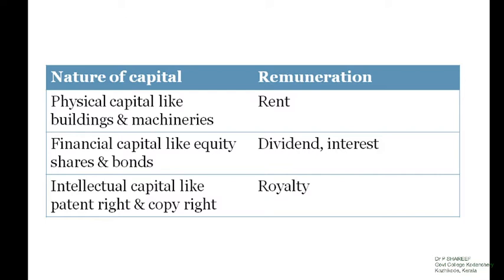The financial capital like equity shares and bonds will get dividends and interest as remuneration. Now, intellectual capital like patent right and copyright, its owner will get royalty as the remuneration.